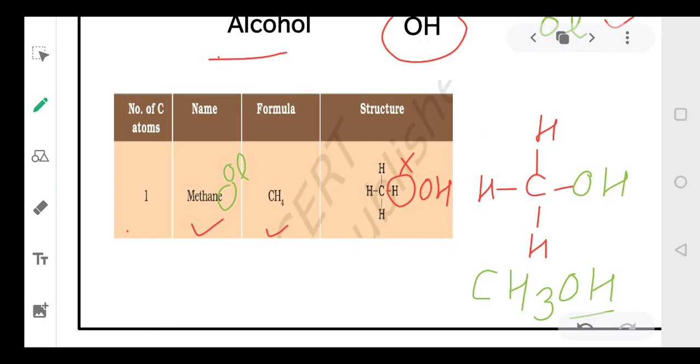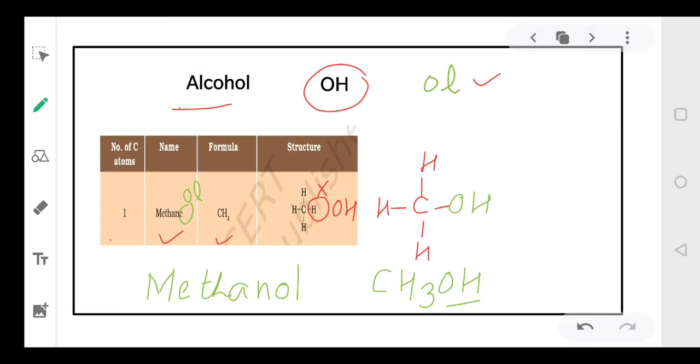So the name of this compound becomes methanol. I hope you understood. This compound will be called methanol.